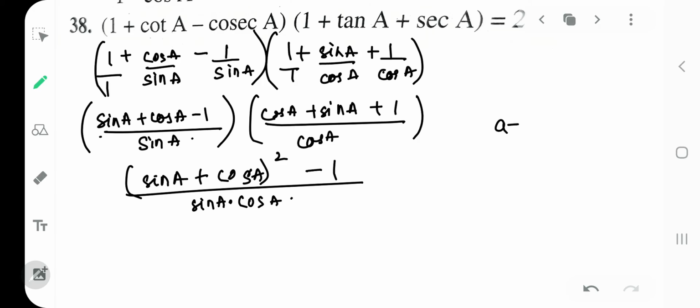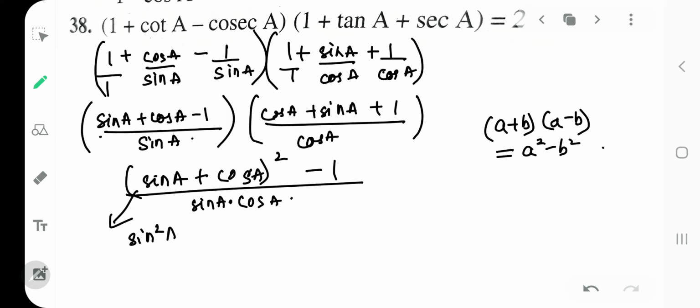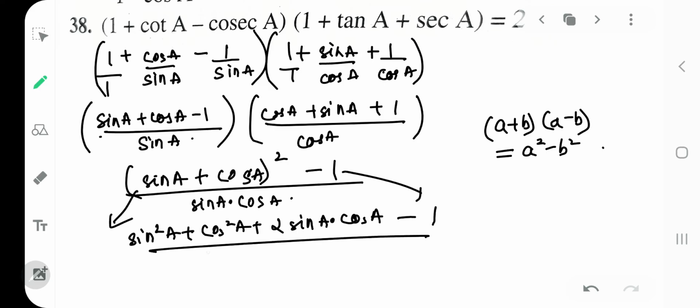I have used the identity a plus b into a minus b will be equal to a square minus b square. Got the point clear? So now this you can open a plus b the whole square, that is first term square plus second term square plus 2 into first term into second term, and this minus 1 as it is.